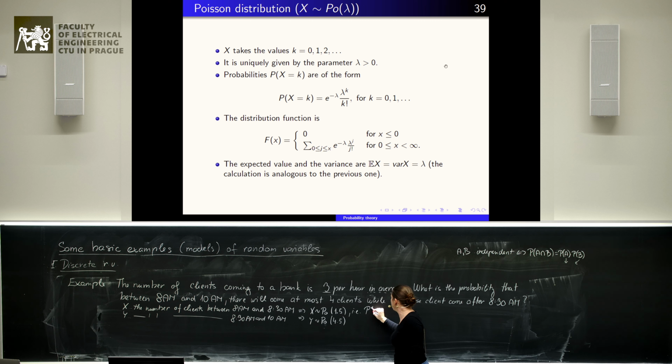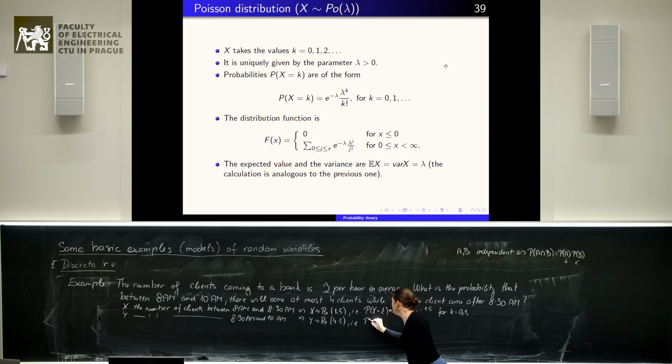So the probability that X is equal to k is, as before, 1.5 powered by k over k factorial times e powered by minus 1.5, for k equal to 0, 1, and so on.